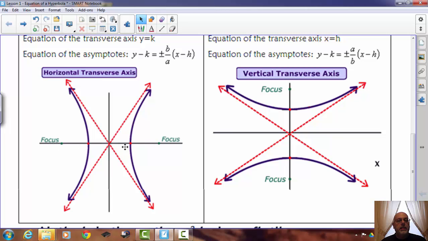The two red dots here and here are the vertices. So we get 2 vertices when looking at hyperbolas, instead of 4 like an ellipse. The transverse axis is the line that connects the two vertices and the two focus points. That's the horizontal line here.